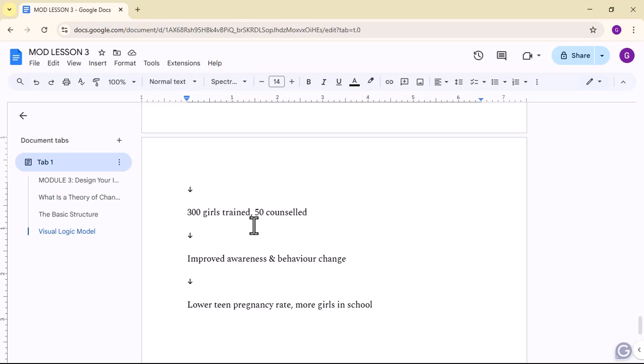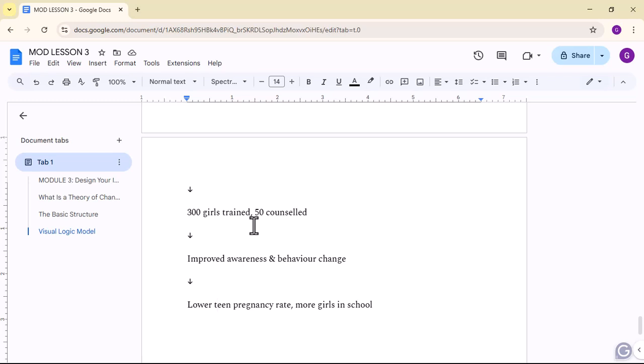So what you are going to do is take the assignment that you had in lesson 1 of this module, and turn that assignment into this type of visual logic model, so that you'll be able to have a real life experience of how to really turn that concept into a visual logic model. So, that is your assignment on this particular lesson.